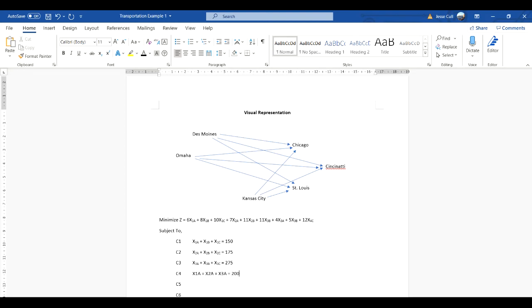That is their demand. Minimize these. Okay, so this is goods required in Chicago.